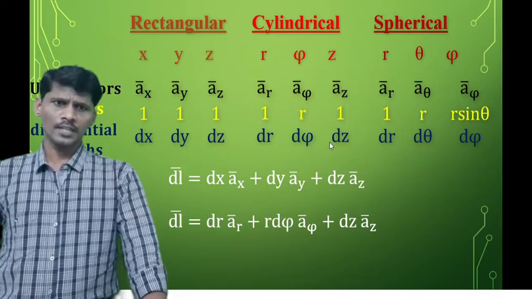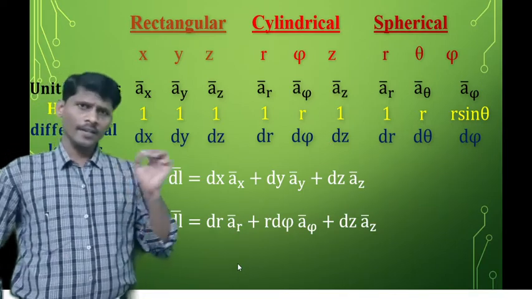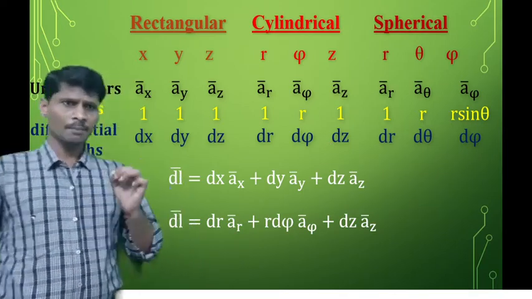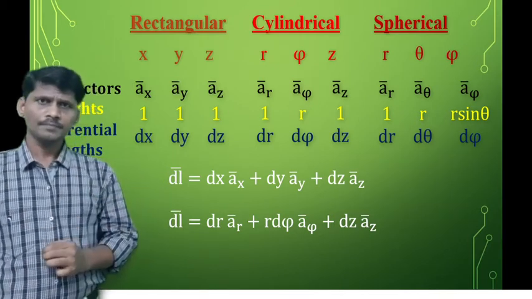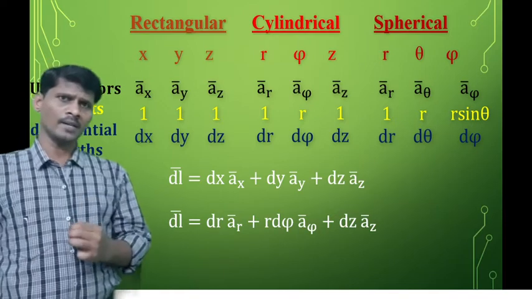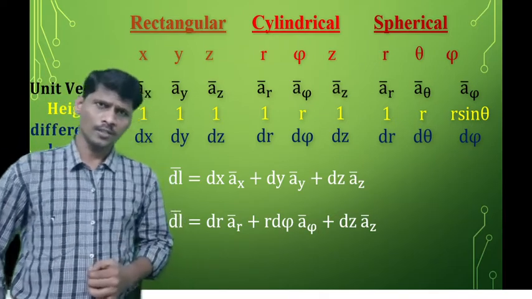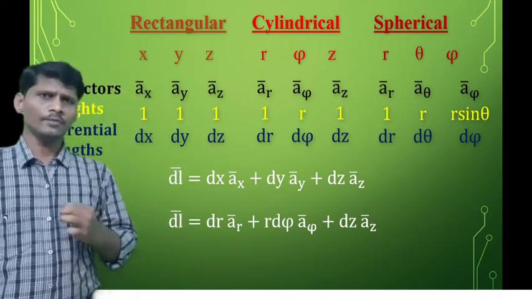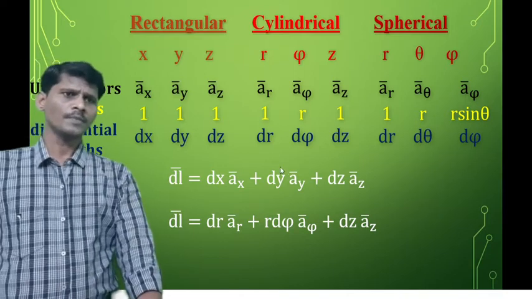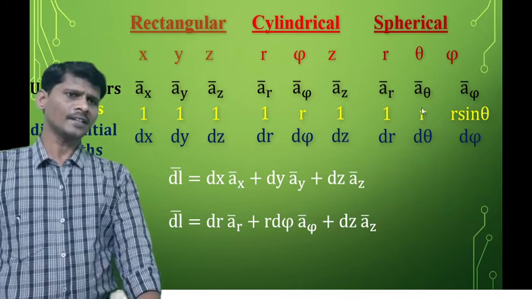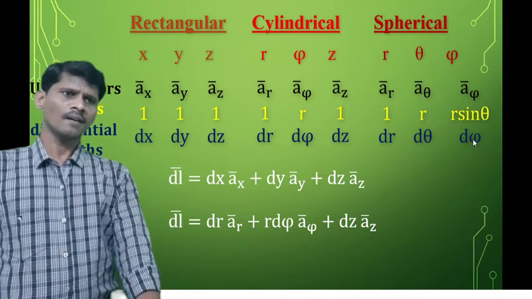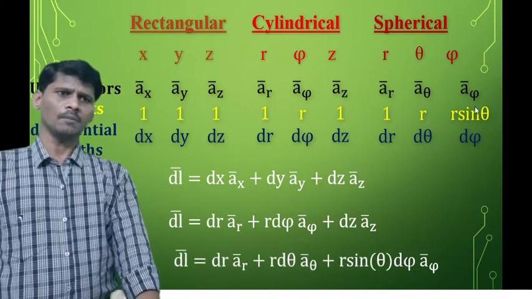Therefore, dl bar is equal dr ar bar plus r dφ aφ bar plus dz az bar. In the same manner, in spherical coordinate system, the differential length dl bar is equal 1 dr ar bar plus r dθ aθ bar plus r sin θ dφ aφ bar.